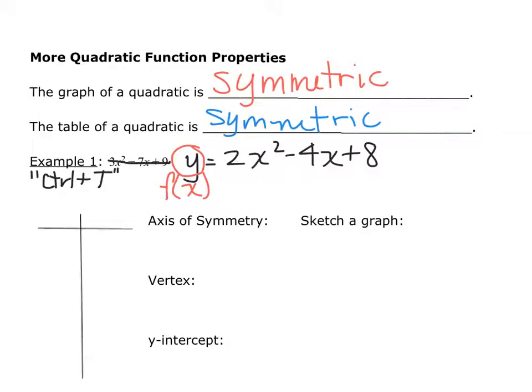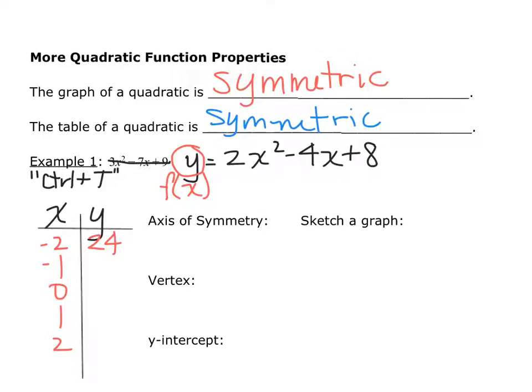So in my notes, I'm going to label my table X and Y, and we're going to write down some of those points from the table. I'm going to do -2, -1, 0, 1, 2. So when X is -2 from the table in your calculator, what do you get for Y? 24.